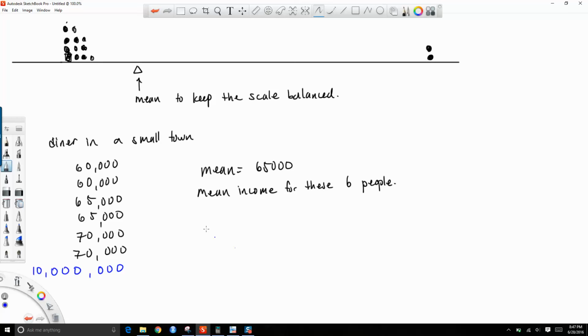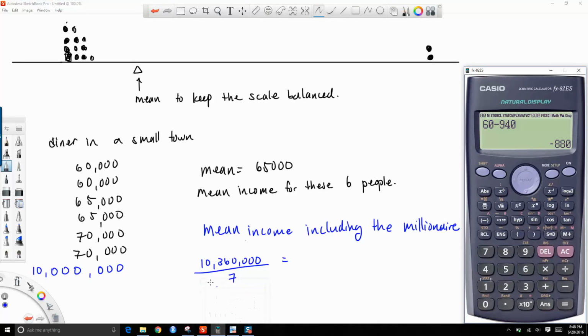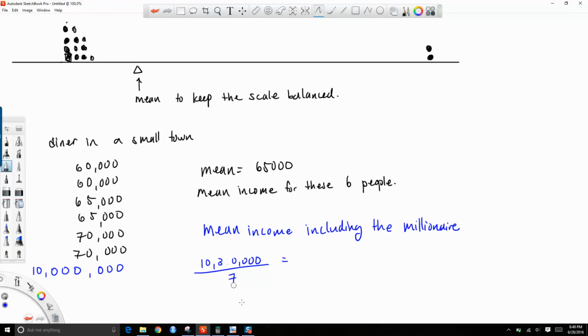Okay. What is the mean income now? So the mean income now, including the millionaire, would be what? We would have to add up all of these numbers, and we would get 10,390,000 divided by 7.